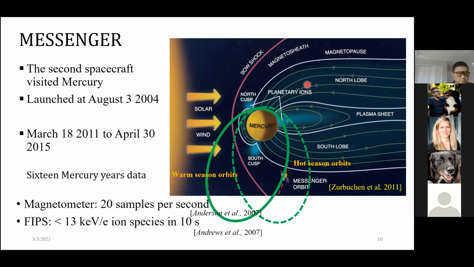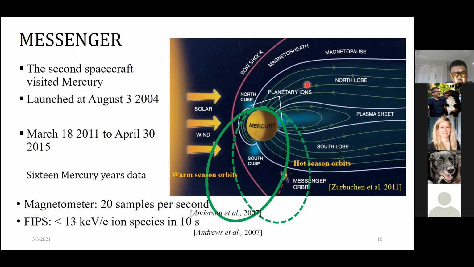In this figure here, we show the data we are using in this presentation. We use the MESSENGER measurements. MESSENGER is the second spacecraft that visited Mercury. The first one was in the 1970s, Mariner 10, also a NASA mission.